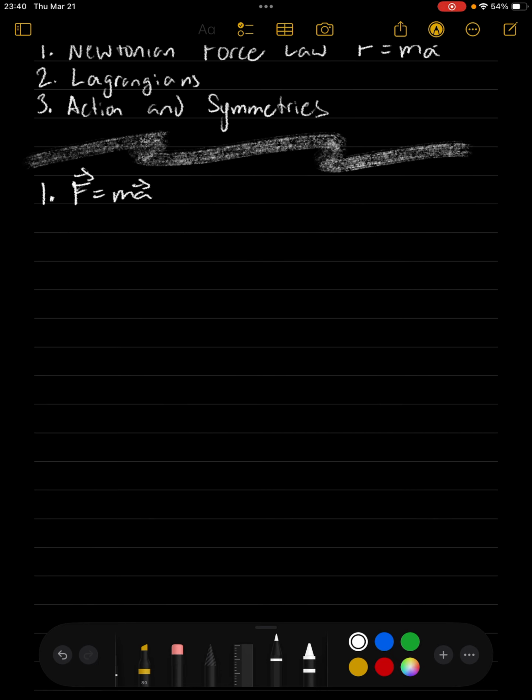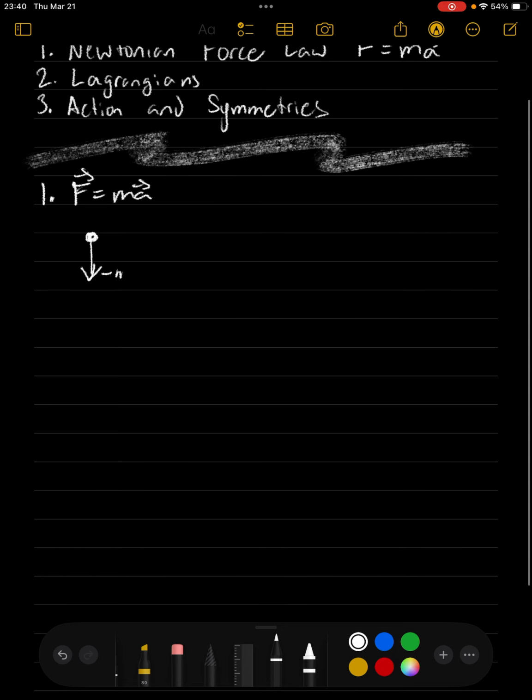First, we're going to talk about just a particle in space. We're going to say that this has an active force of gravity acting on it, which is negative mg. If we were to look at this in terms of Newtonian mechanics, we would first say, okay, what is the sum of all of the forces?